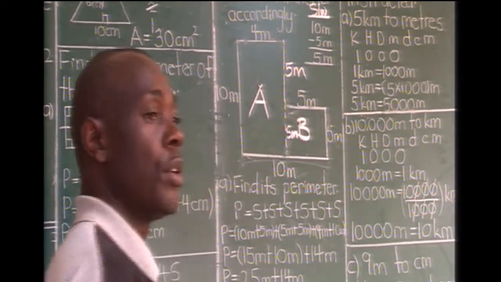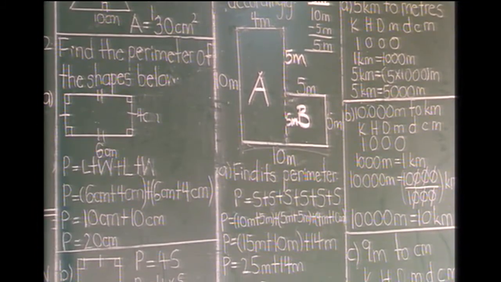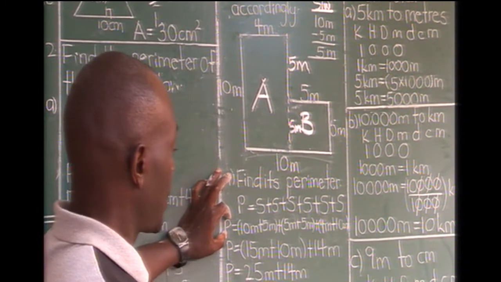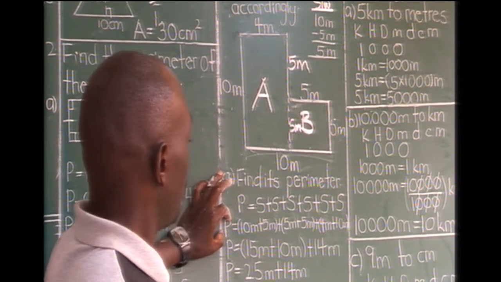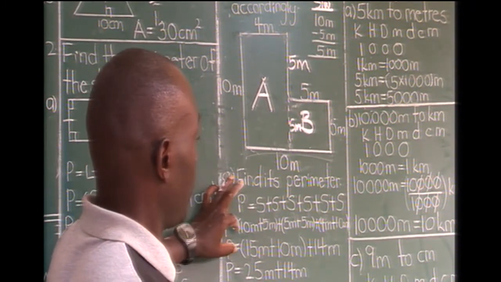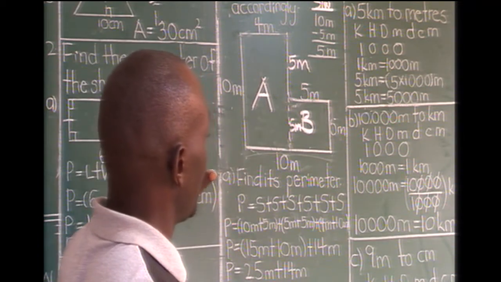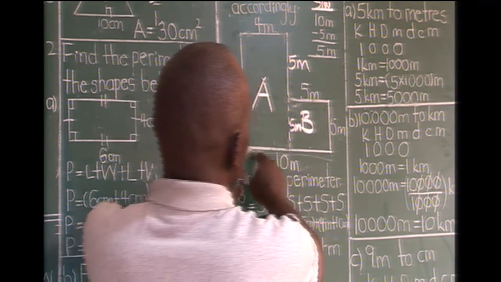Had they been 4, you would write side plus side plus side 4 times. So now there are 6, and then you fill in accordingly. And again, you start anywhere you feel like. I chose to start with this side.